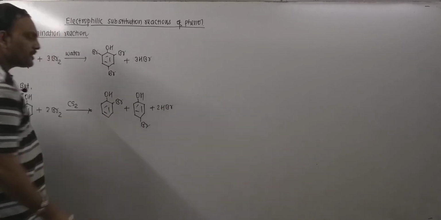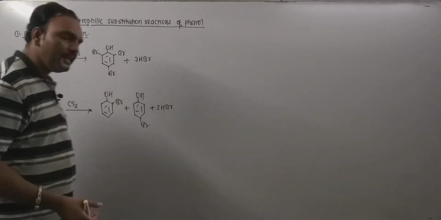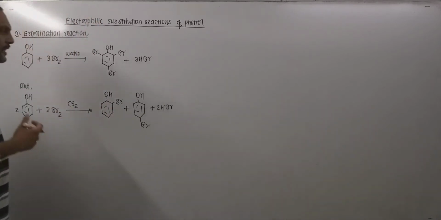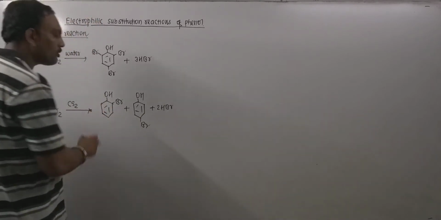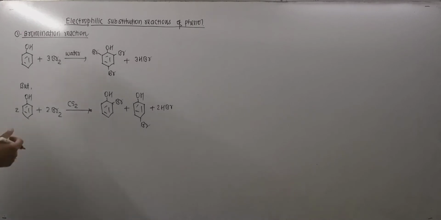Now the para substituted product has major yield right here. Parabromophenol is the major product, whereas orthobromophenol is the minor product. So this is the bromination reaction.